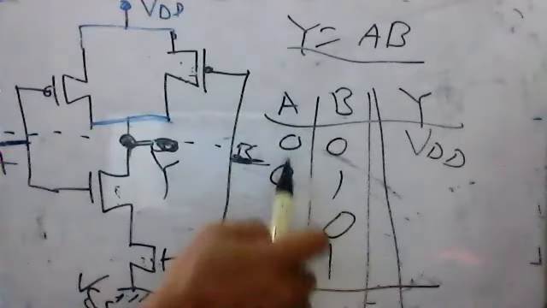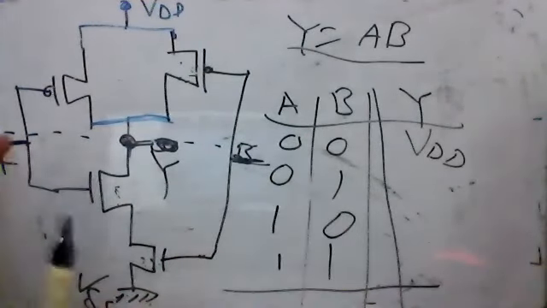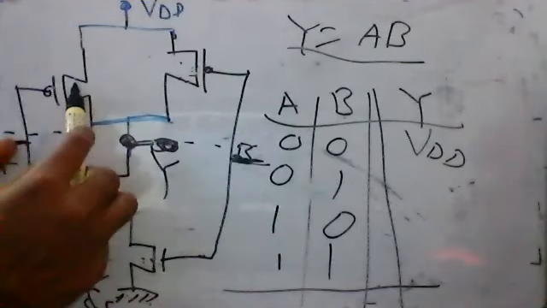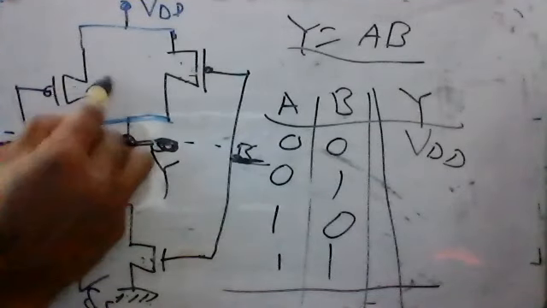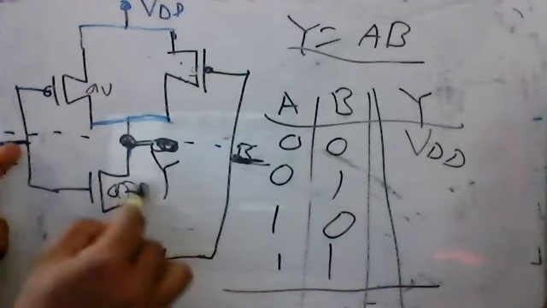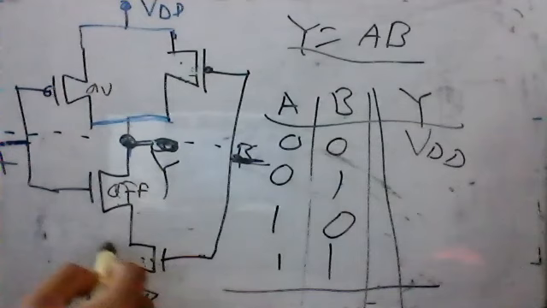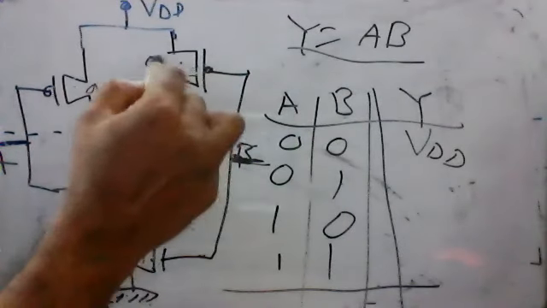আবার যদি নেক্সট ওয়ান A 0, B 1, তার মানে A তে 0 দিলে এটা অন, এটা অন, আর এটা অফ, আর B তে যদি আমরা 1 দেই, so this one on but this one off.